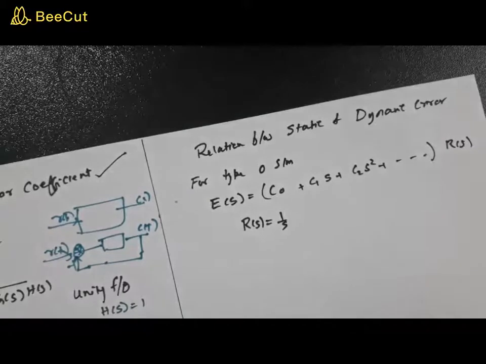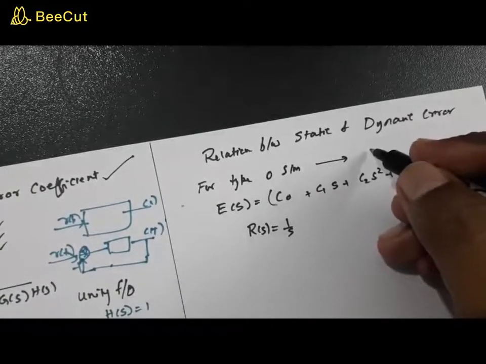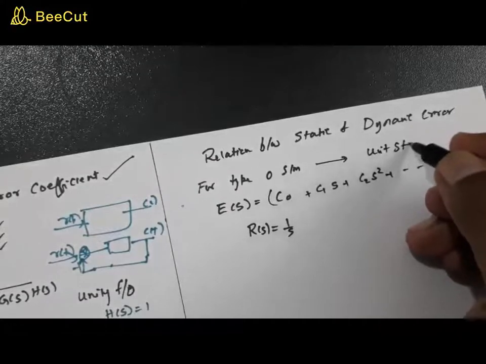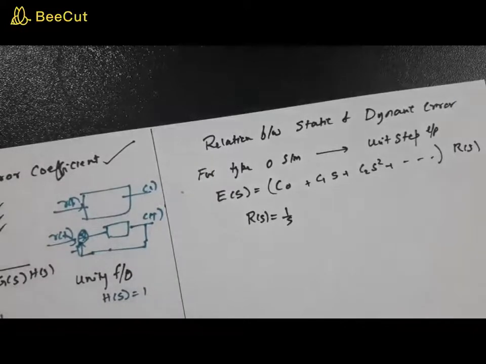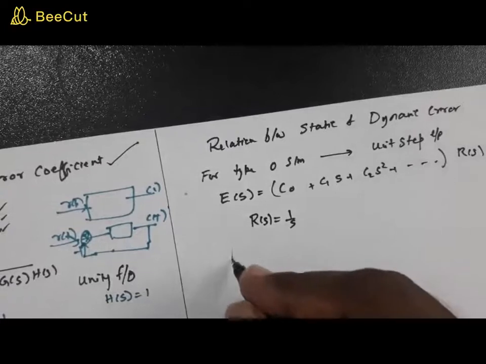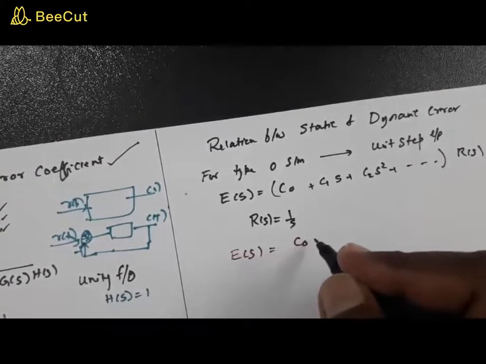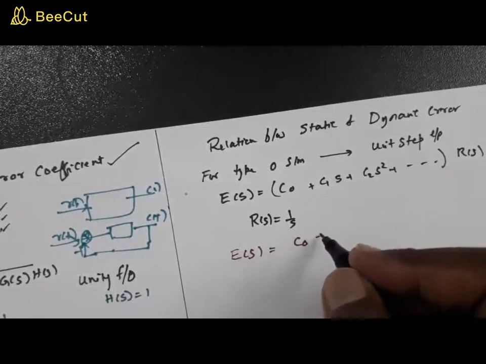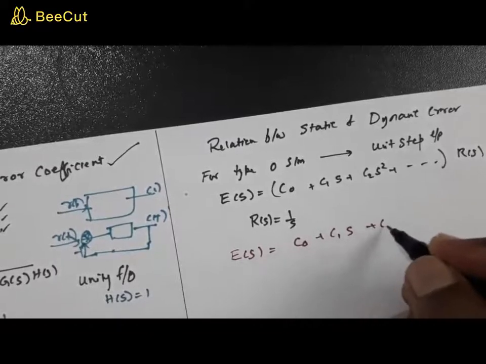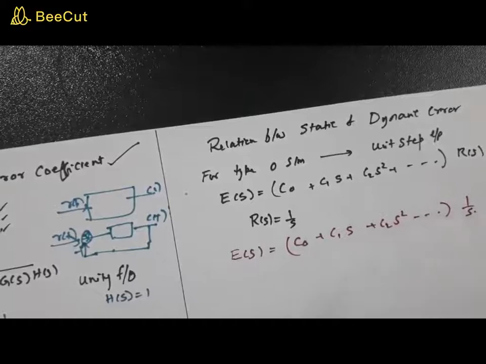Now you are considering a type 0 system subjected to a unit step input. Substituting in this, you will get E of s equal to C0 plus C1 s plus C2 s square, etcetera, into 1 by s.